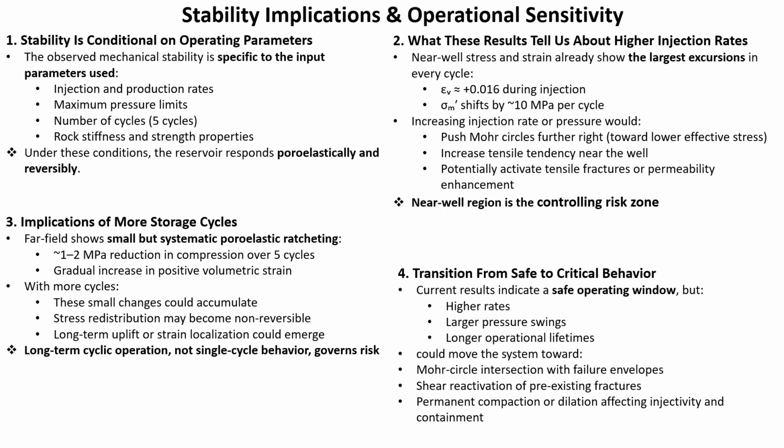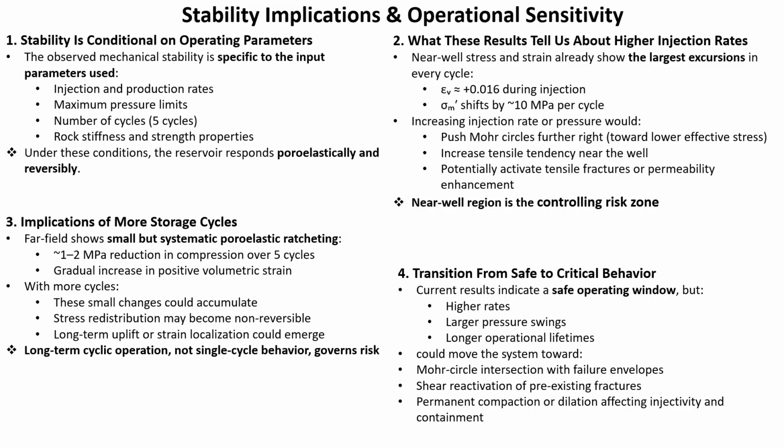However, it is important to note that this stability is not unconditional. The results which I have shown in preceding slides clearly show that the near well region experiences the largest stress and strain excursion, and the far field shows a gradual accumulation of deformation over cycles.